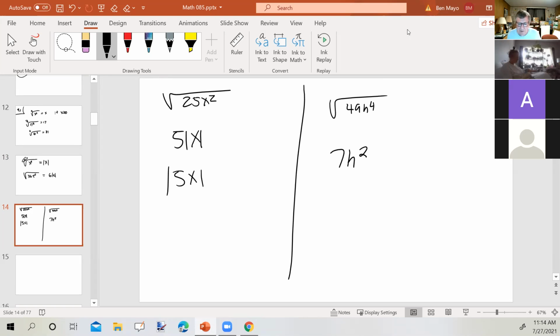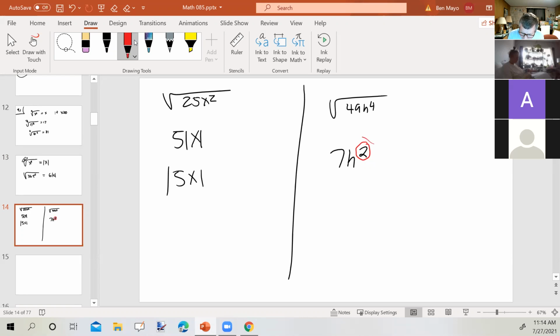Now, why don't we need absolute value bars around the h squared? Because it's squared, even if h is negative, a negative times a negative would still yield a positive.